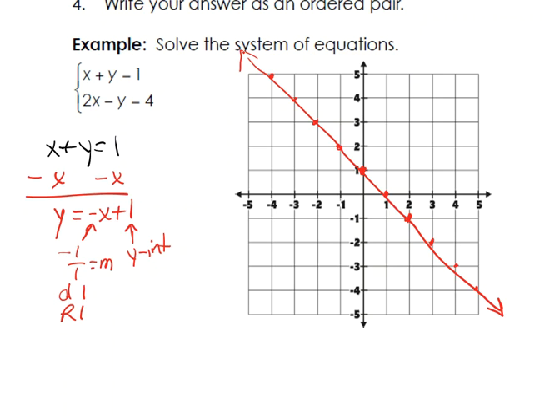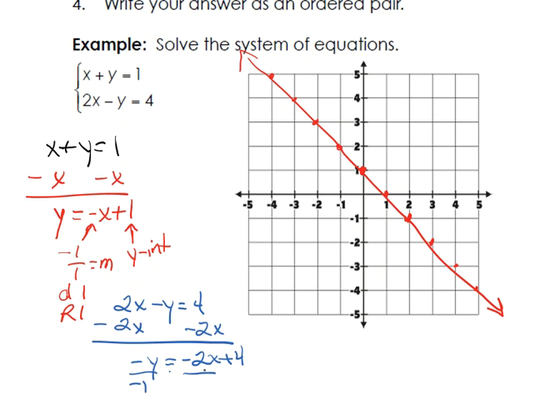So now I'm going to go to the second one. So I have 2x minus y equals 4. So I'm going to minus the 2x. I get negative y equals negative 2x plus 4. I'm going to divide by negative 1. So I end up with y equals 2x minus 4.